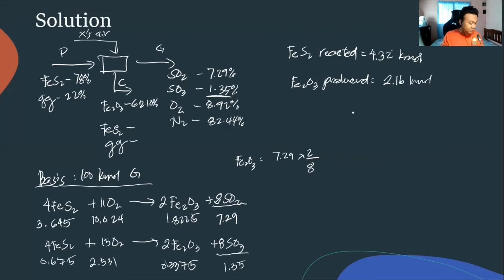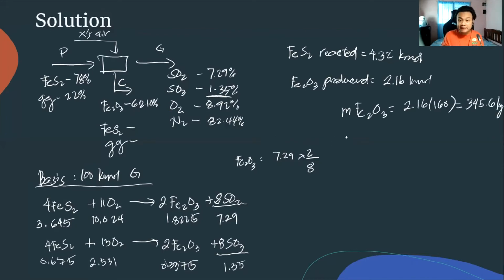itself. So how you can get that is Fe₂O₃, just multiply it by the molar mass of Fe₂O₃, which is 160. So 2.16 times 160 is equal to 345.6 kilograms of Fe₂O₃.